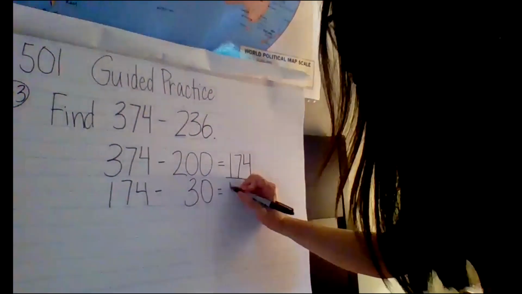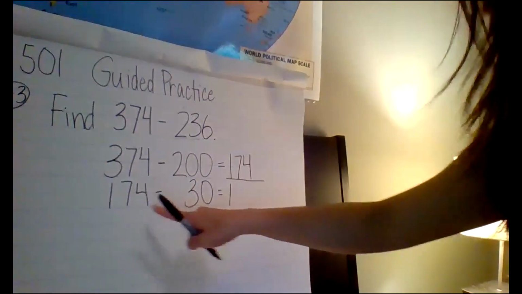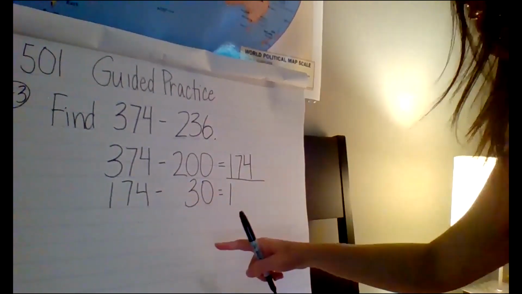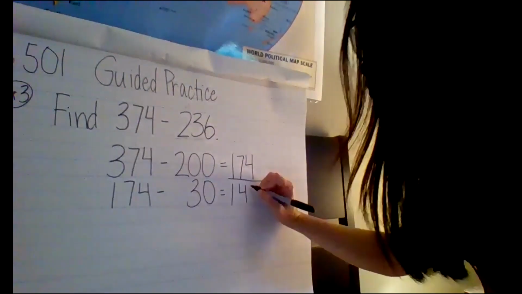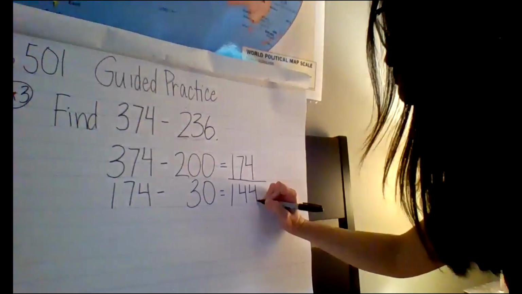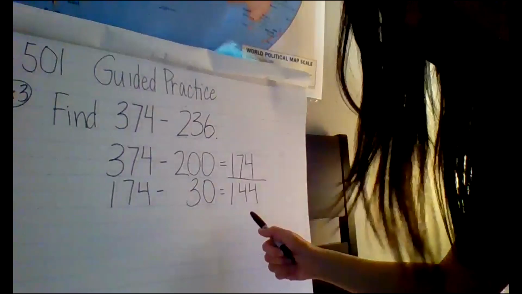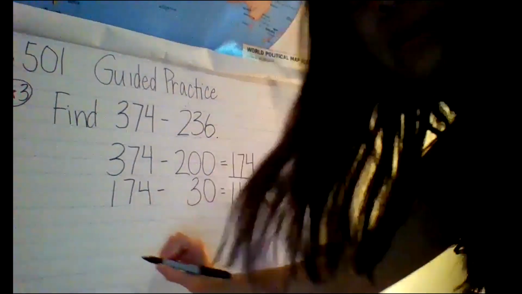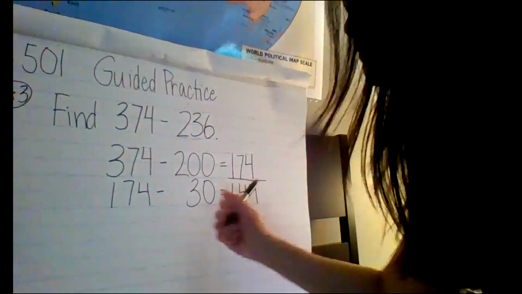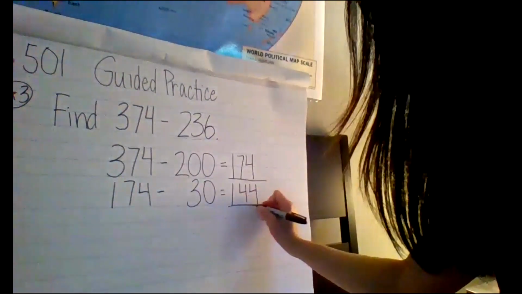We still have 100. Instead of 7 tens, what's 3 fewer than 7? 4. We still have the 4 ones, right? So here's our running total. Now, take that 144.